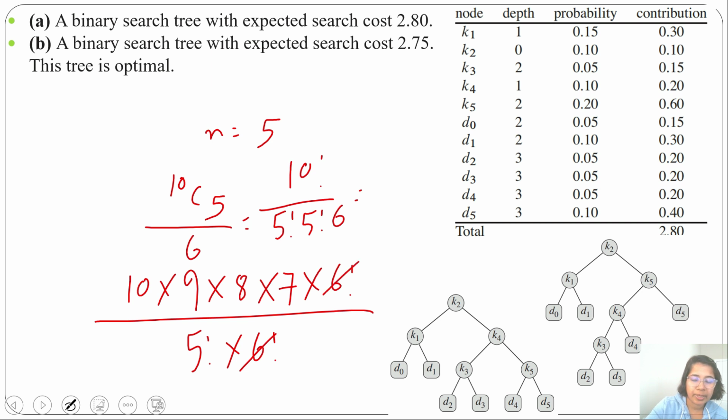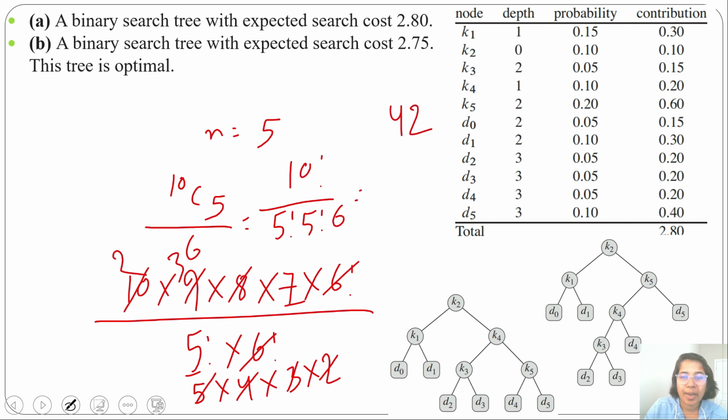This 6 factorial will be cancelled. 5 factorial you can write as 5 times 4 times 3 times 2. So this 4 times 2 will cancel with 8. 10 divided by 5, it's 2. 9 divided by 3, it's 3. 2 times 3 is 6, multiplied by 7, it's 42. Now for 5 keys, 42 binary search trees are possible.